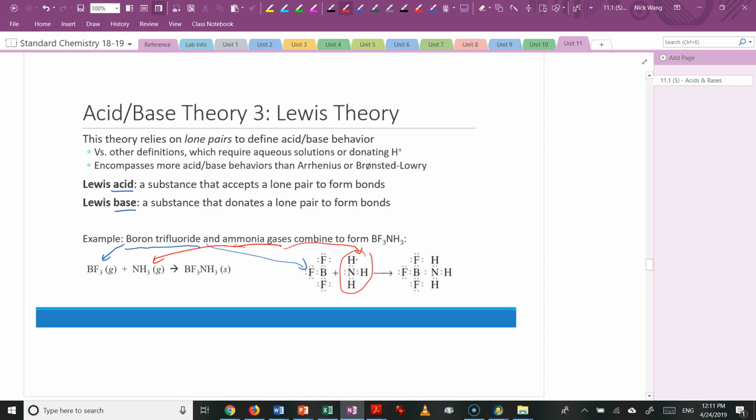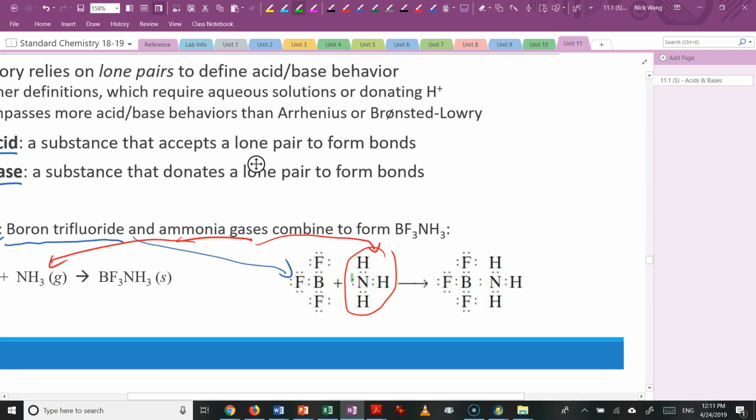So what happens here, if we zoom in just a little bit right here, is that this very specific pair of electrons, that's a lone pair on that central nitrogen, is going to be donated and given to this boron right here, which accepts it. So this is basically a transfer, or not even a transfer, we're just putting it there in that space. And that results in a new bond between the boron and the nitrogen.